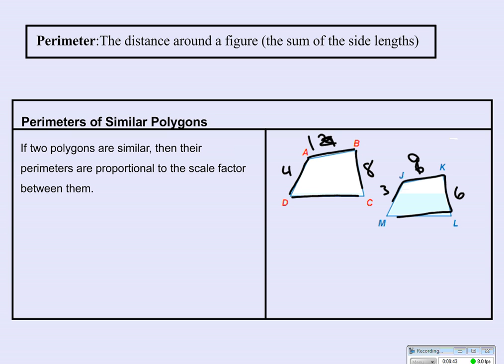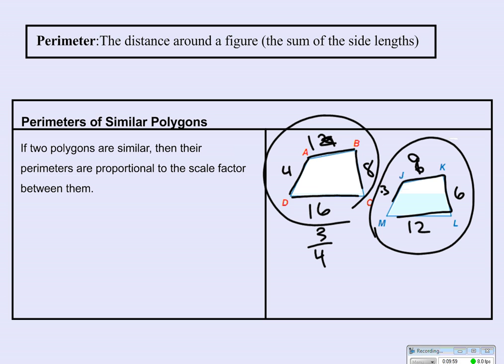And then this is 12 and this is 16. So if they're all on that same scale factor, 4 over 3, or 3/4, then the perimeters simplified are also going to be 3/4. If I compare the perimeters, simplified, it's going to be that same scale factor.